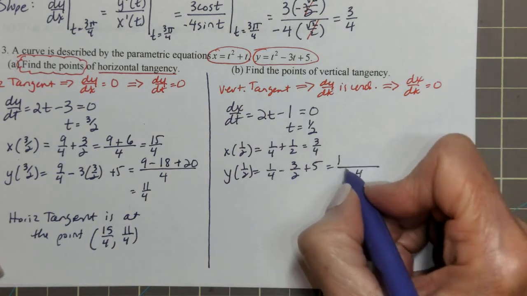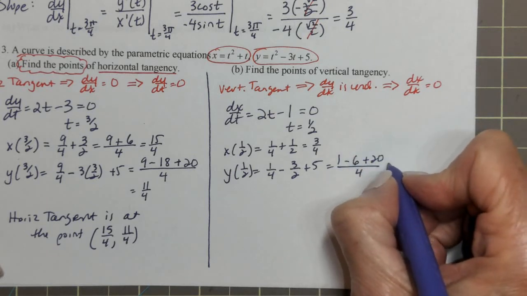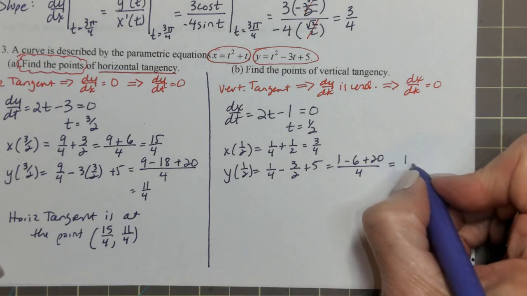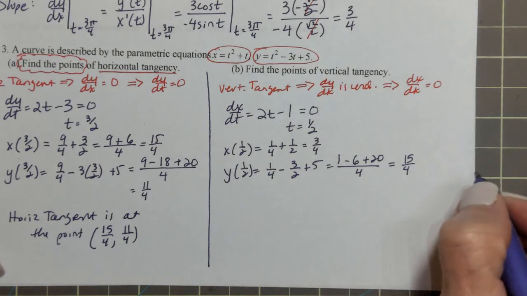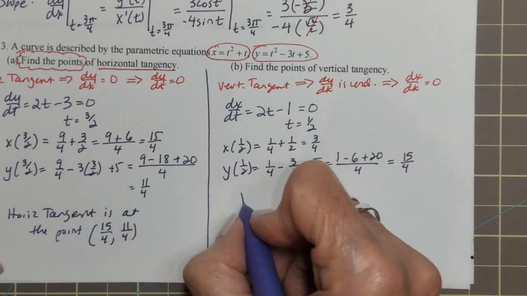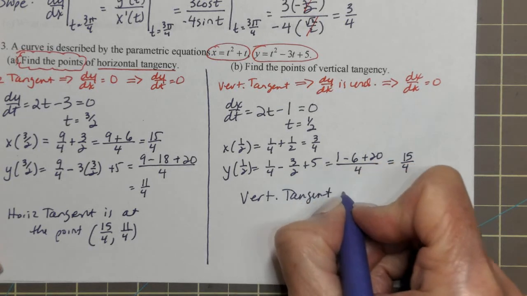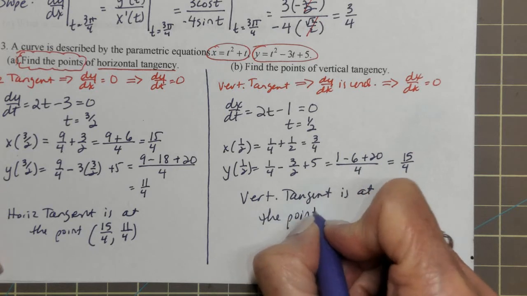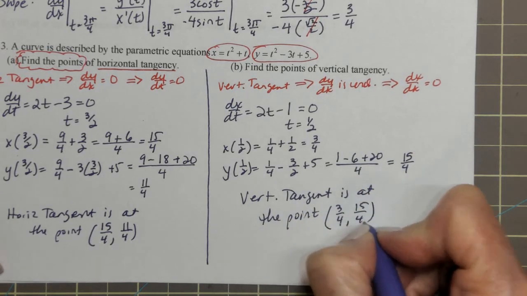We have 1/4 minus 6/4 plus 20/4. So let's see. I think that's, oh my, that's going to be 14 plus 1 is 15/4. Okay. So the vertical tangent is at the point 3/4, 15/4.